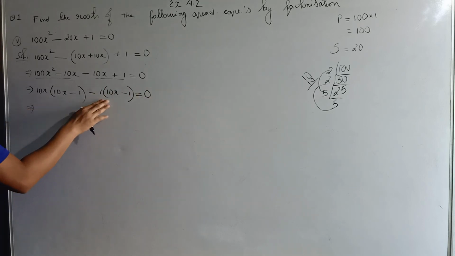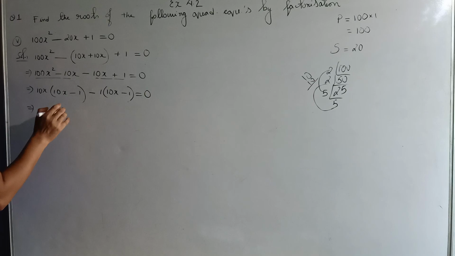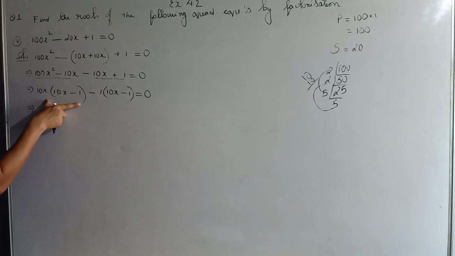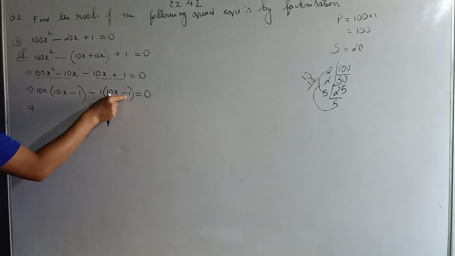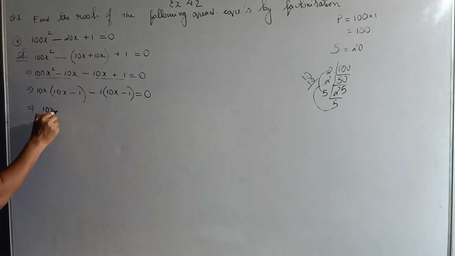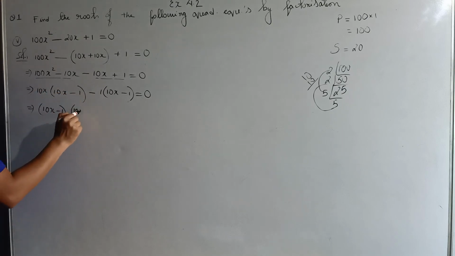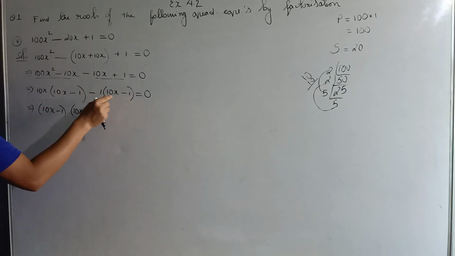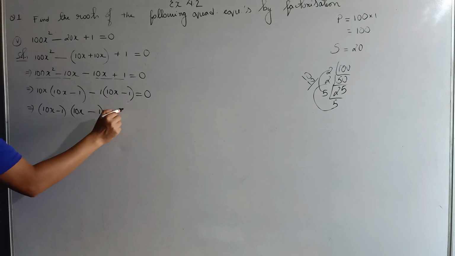Now we see that we have 10x minus 1 in common, right? This term contains 10x minus 1, and this term also contains 10x minus 1. So if we take 10x minus 1 as common, then we have 10x here, and minus 1 over here.